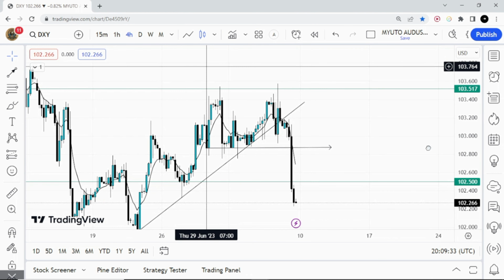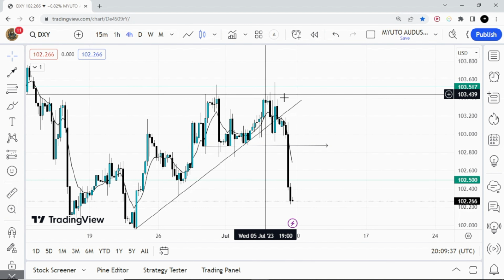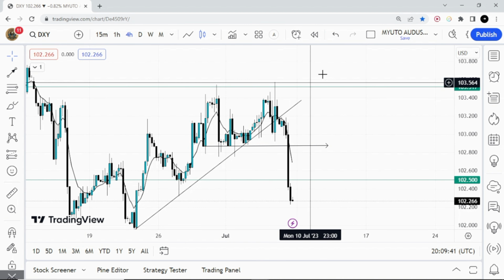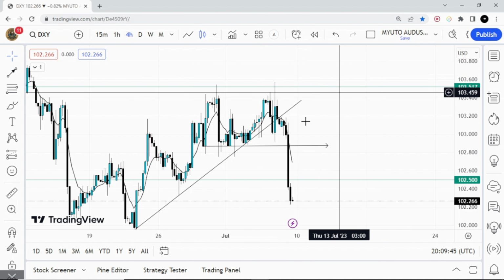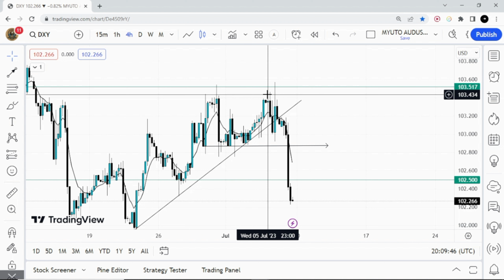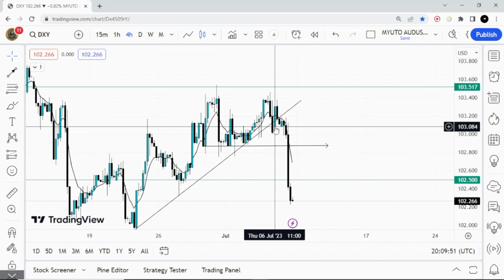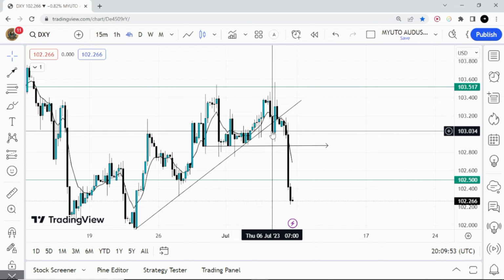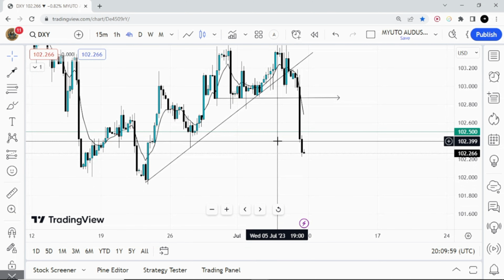But we failed to break 103.40, which is 40 pips below the initial target. Then from there we came down, then broke our trend line here. After breaking the trend line, we had this huge sell-off on Friday.